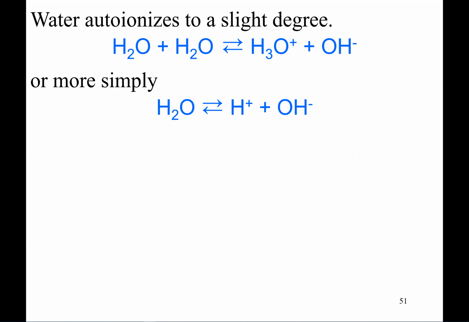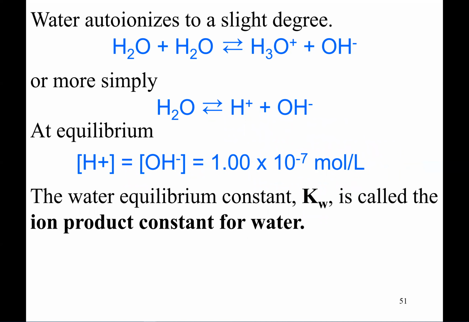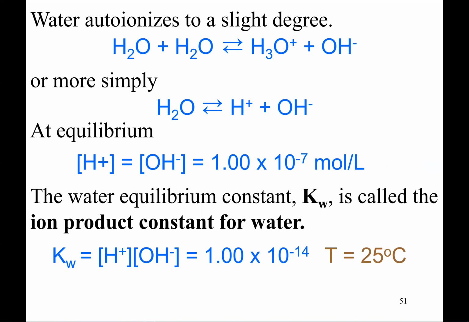So more simply like this, at equilibrium, the hydrogen ion concentration equals the hydroxide ion concentration, 1 times 10 to the minus 7. The water equilibrium constant is called the ion product constant for water.